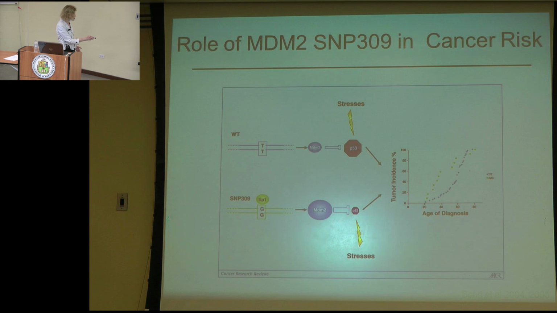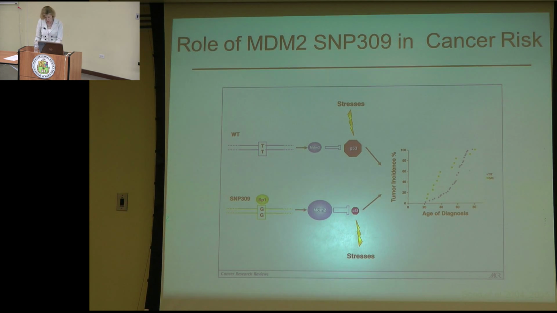The hypothesis was then that this might lead to earlier onset cancer. And indeed, initially in looking at a population of sarcoma patients, not p53 mutation carriers, there was an earlier age of onset for those with this SNP309 than in the wild type for this SNP.